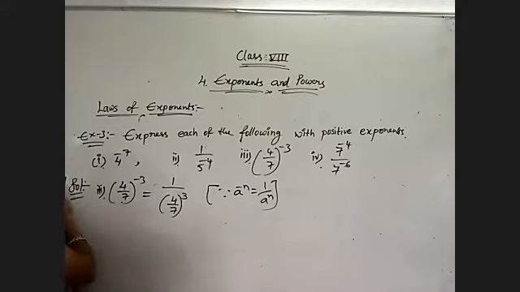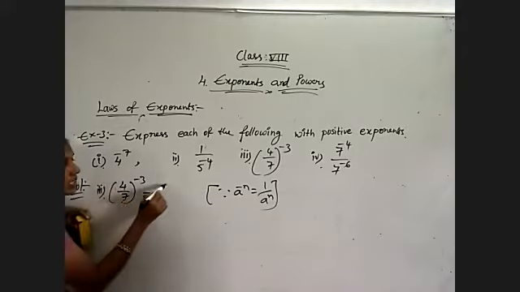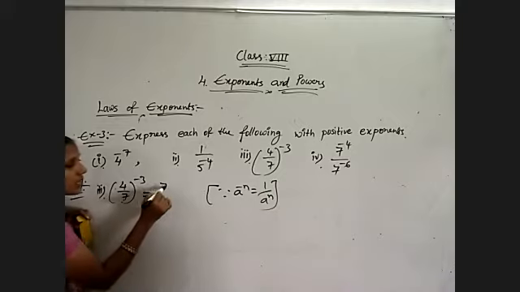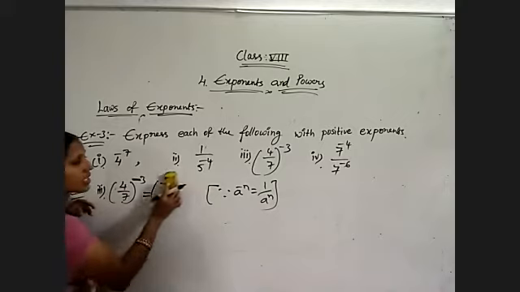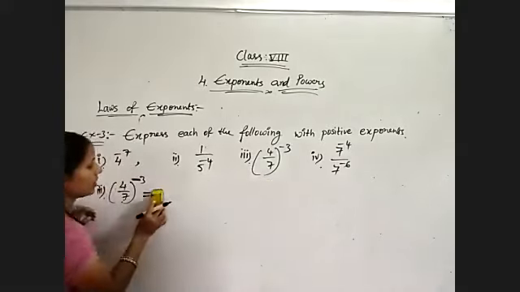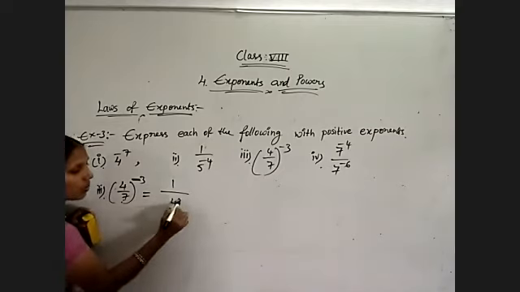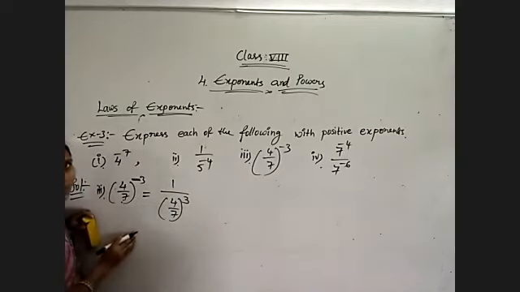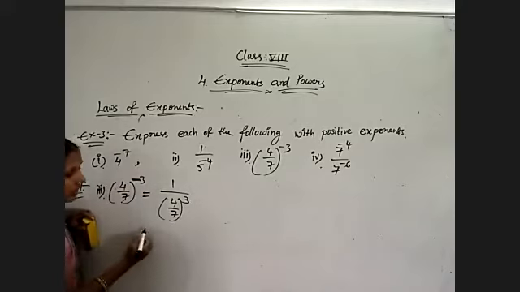In that case, directly, simply take the reciprocal of 4 by 7. What is the reciprocal of 4 by 7? 7 by 4. So 7 by 4 whole to the power of minus 3 will be changed to plus 3. That's it. Observe, as I told you, it is 1 by 4 by 7 whole to the power of 3, because minus 3, so 4 by 7 whole to the power of 3.